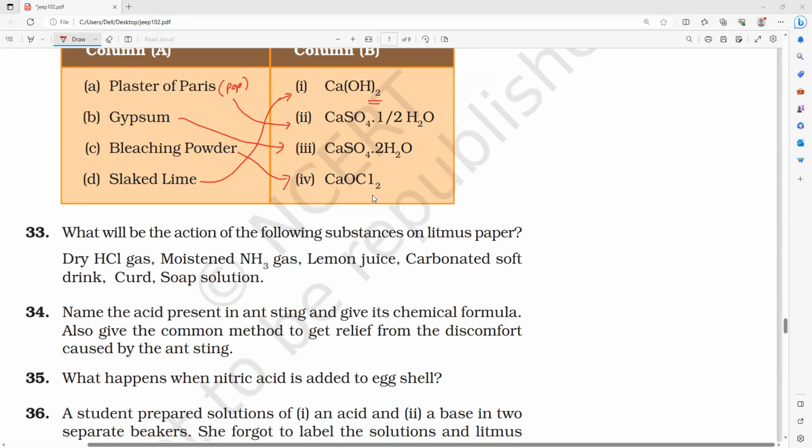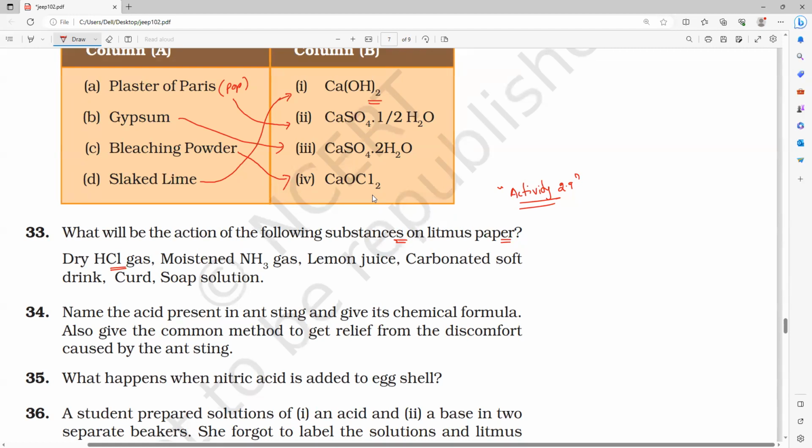Next, what will be the action of the following substances on litmus paper? Dry HCl gas. That is activity 2.9. Yesterday, day before yesterday also I have told you. You can check activity 2.9, to prove that moisture is necessary for showing the acidic property. Now, dry HCl gas. What will happen, everybody?